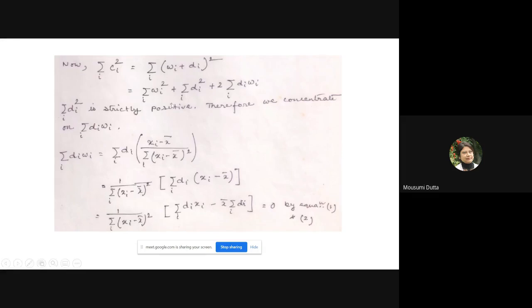Because summation di square is strictly positive. So if we look at the value of summation di wi, it is di into Xi minus X bar divided by summation Xi minus X bar whole square. So I am keeping 1 by summation Xi minus X bar whole square outside. So it is summation di into Xi minus X bar. Okay.